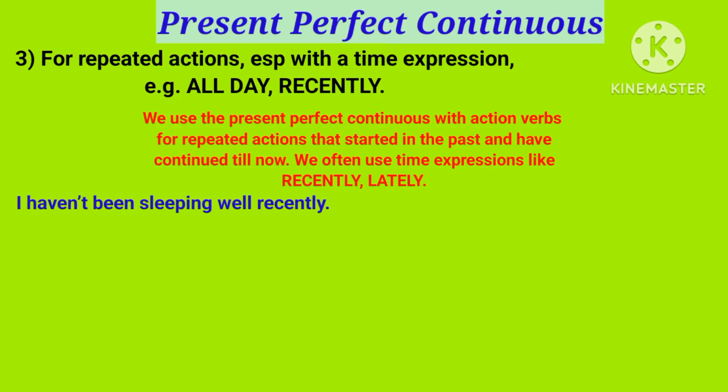Examples. I haven't been sleeping well recently. Action repeated over a period of recent time. Not just one night, many nights the person hasn't been sleeping. And the word recently shows ongoing, repeated experience up to now.